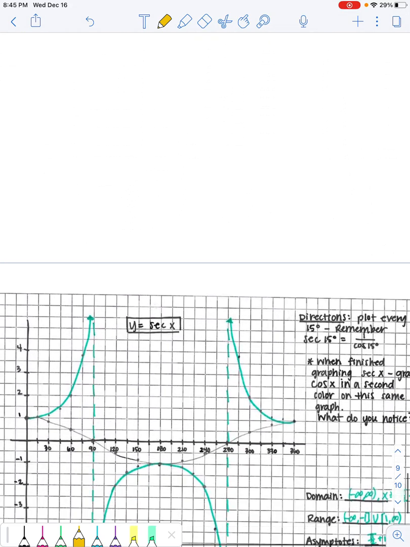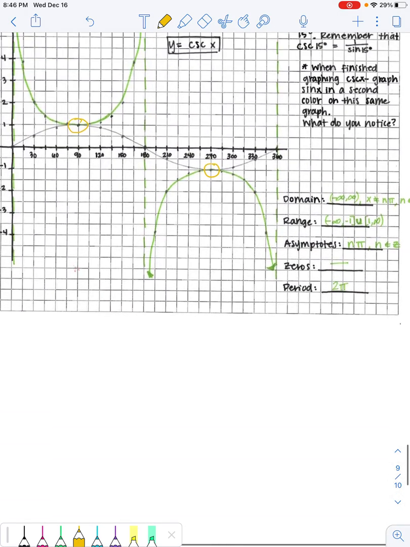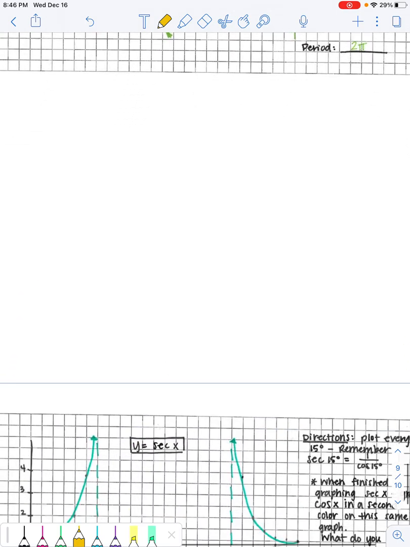Okay, and the secant function. You'll notice it looks the same as the cosecant function. It's just a horizontal shift. It moved left or right. So we think about taking your cosecant function and taking that curve and moving it to the left, we can create that secant curve.